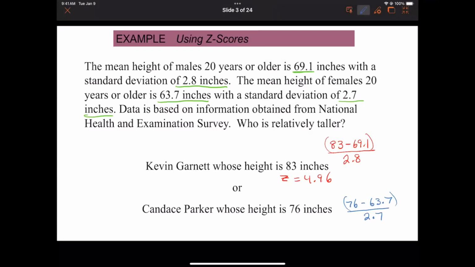Still a pretty big z-score, but her z-score is 4.56. So she is still an outlier, but relatively, Kevin Garnett is still taller, because his height is more standard deviations away from the mean than Candace Parker's height.